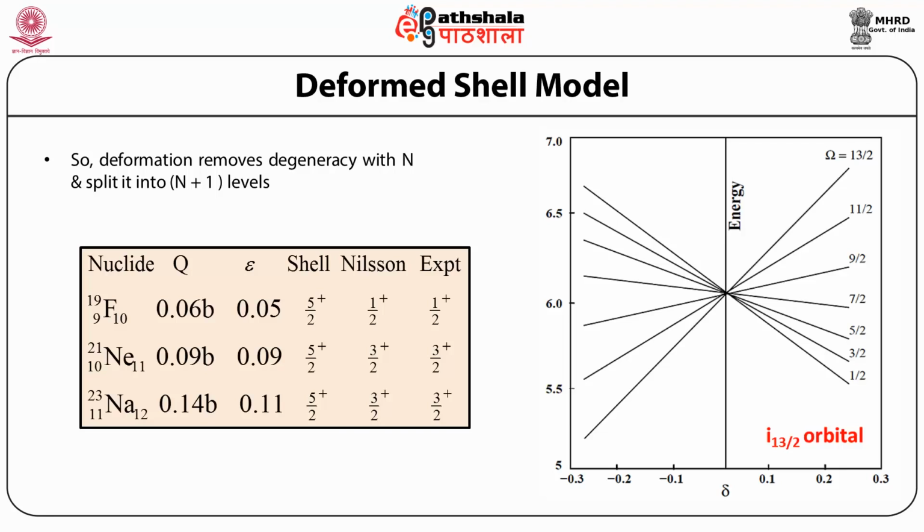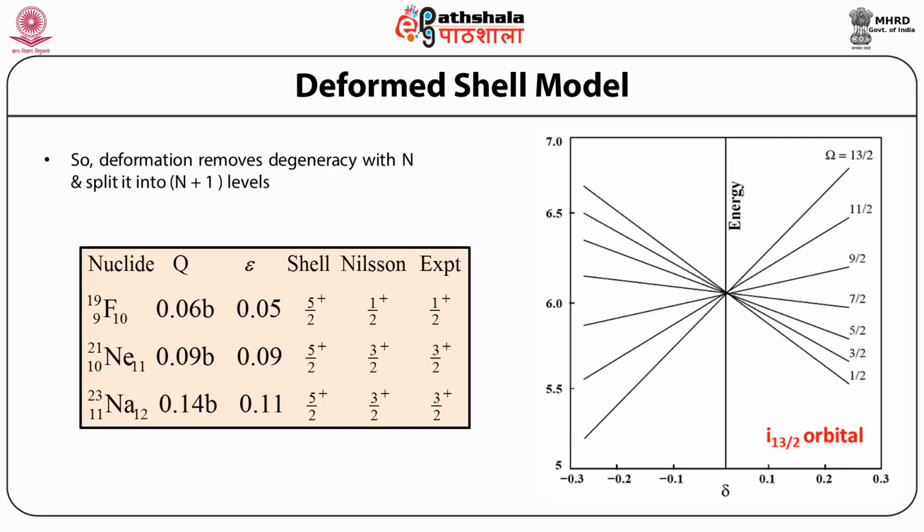Similarly, in the case of neon 21, which has 10 protons and 11 neutrons, the quadrupole moment is 0.09 barn, deformation is 0.09.